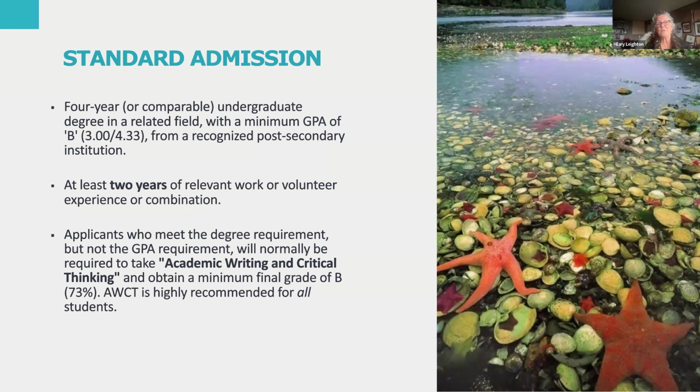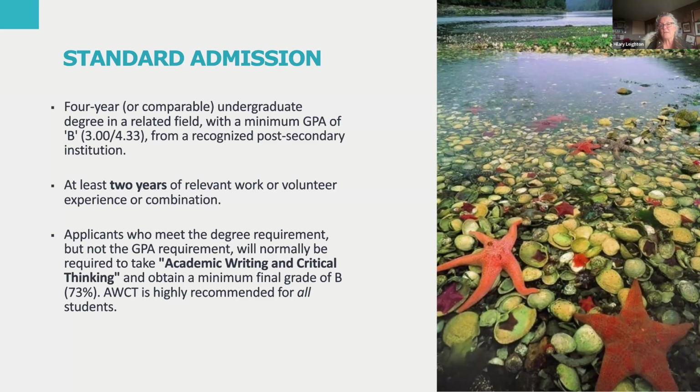Right. So standard admission into the course is a 4-year undergrad in a related field with a GPA of about a B from a recognized post-secondary, and at least a couple of years of relevant work or volunteer experience, or a combination of both is also always welcome.